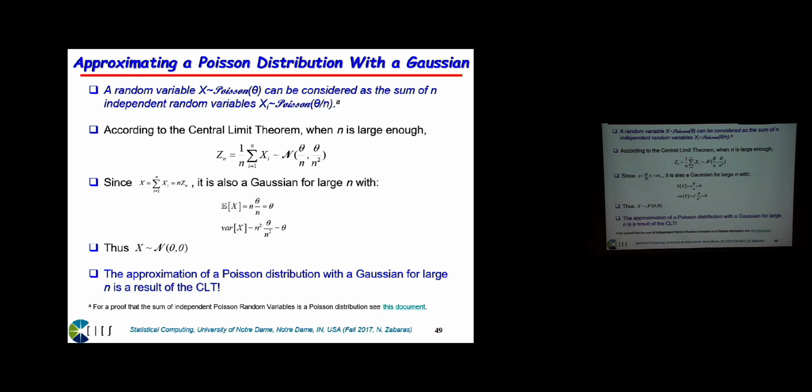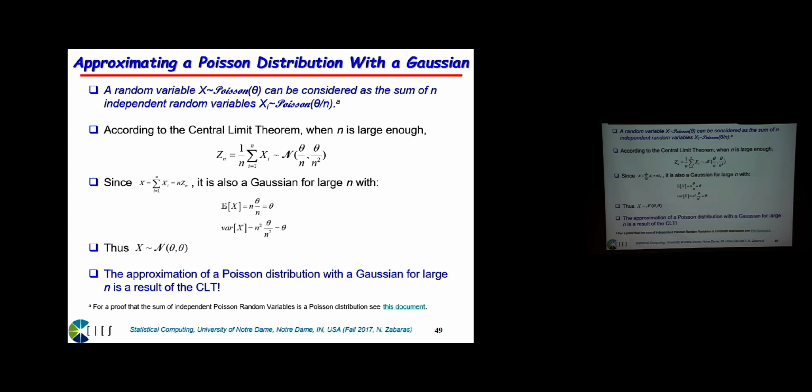If you form the sample mean of this sample xi coming from this Poisson distribution with parameter theta over n, then you get a Gaussian with a mean theta over n, and the variance, you remember, sigma square over n, which is theta over n squared. Can you see that? So, I did not give you the proof, right, but we said a sample from a Poisson with parameter theta is the sum of n samples from this Poisson.